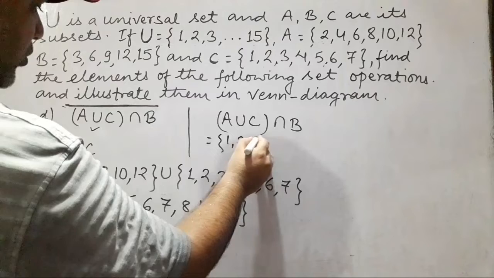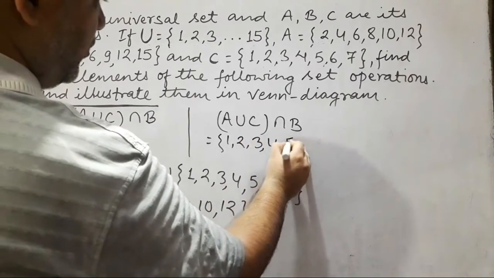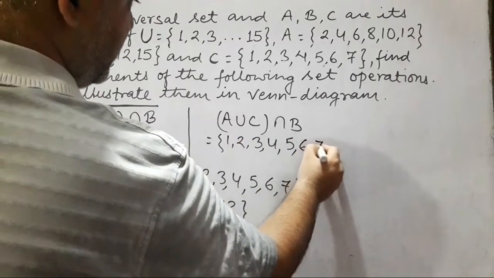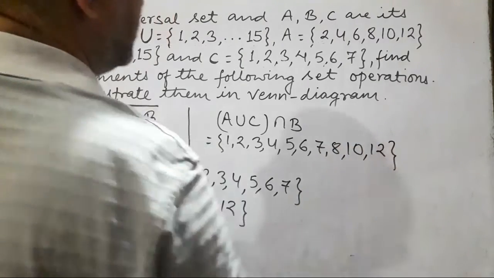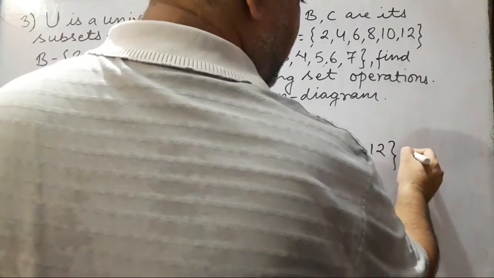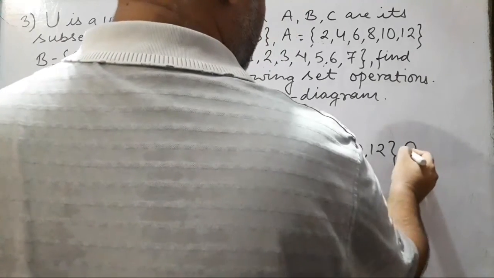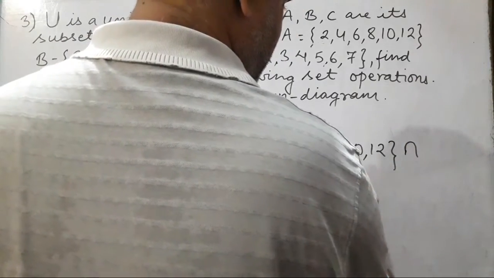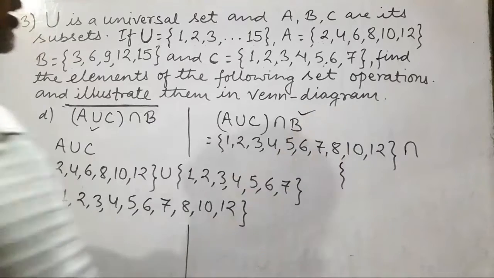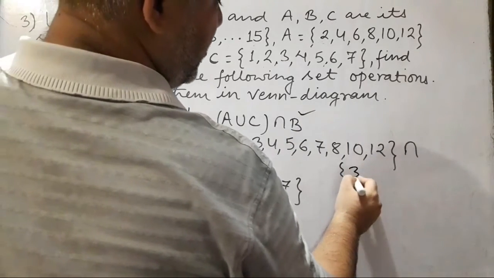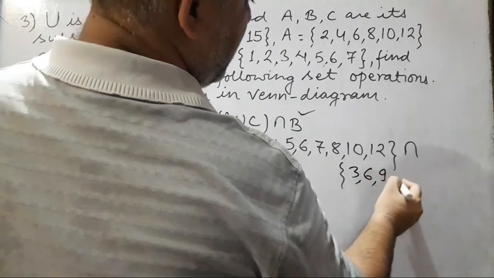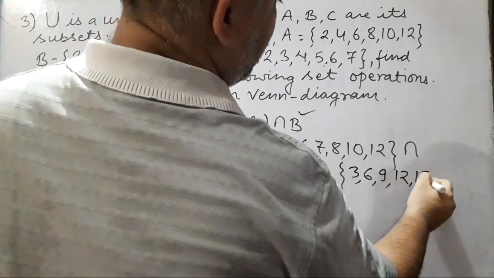Intersection with the elements of B. So B contains the elements 3, 6, 9, 12, 15.